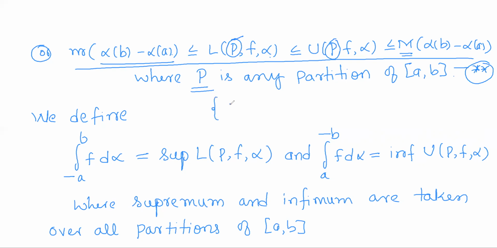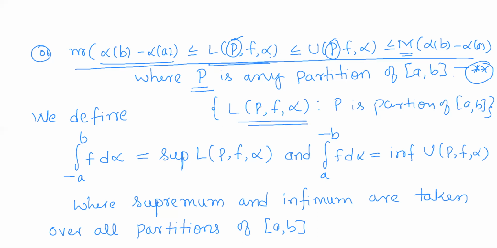So collect all lower Riemann-Stieltjes sums for all partitions P of [a, b]. We consider all the partitions on the closed interval [a, b], calculate the lower Riemann-Stieltjes sum with respect to each partition, and put it in a set. Then every member of this set is always less than or equal to capital M times alpha of b minus alpha of a, by double star.